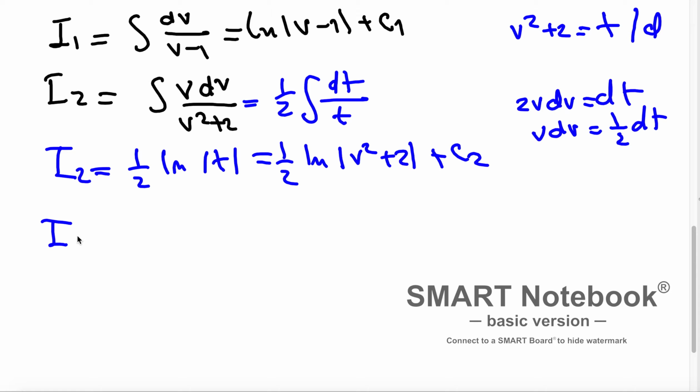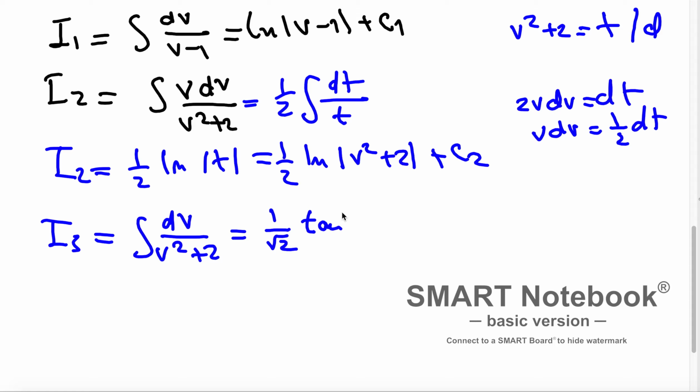And the third integral, I3, which was dv over v squared plus 2, is an elementary integral, and this one is 1 over square root of 2 arctangent, or we can write inverse tangent, of v divided by square root of 2, plus c3.